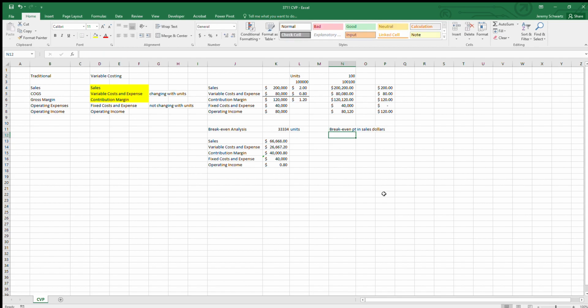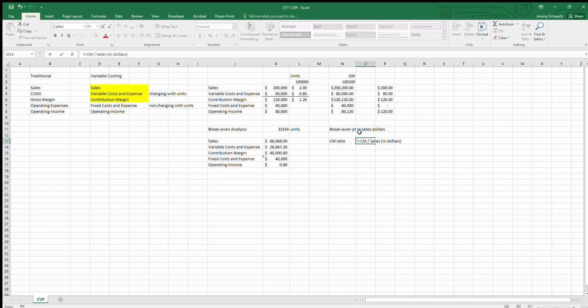And what we would need to use here is this concept of the contribution margin, the CM ratio. The CM ratio is going to be equal to the contribution margin divided by the sales in dollars, so both of those in dollars here.